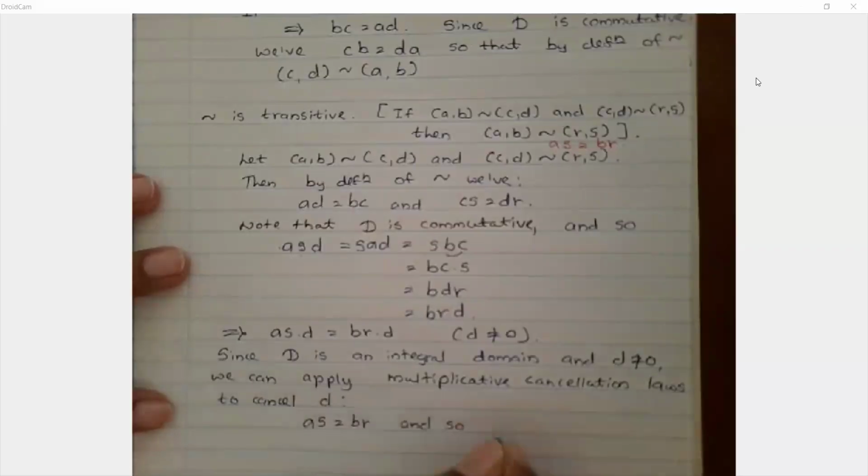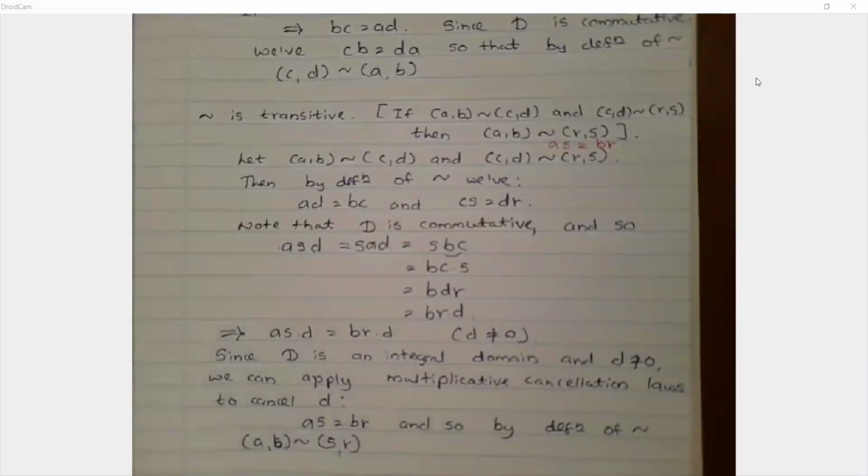And so, by definition of tilde, we have AB equivalent to RS.